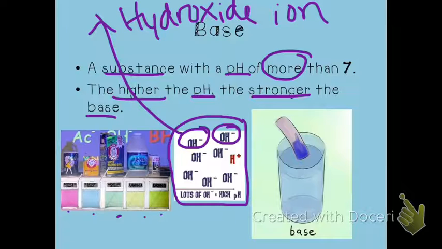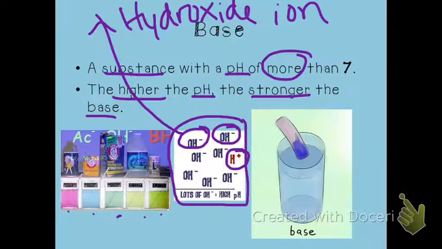And so you'll notice that in a basic solution, there are a lot more hydroxide ions than hydrogen ions. Okay, this is what makes the pH higher. All right, so the more hydroxide ions and the fewer hydrogen ions, that means we're going to be talking about a base instead of an acid.